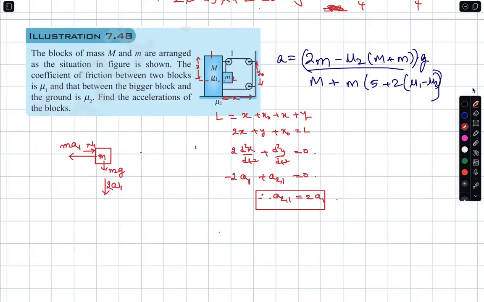Got a point? And apart from this, what else? The other forces that you will see, one is the tension force. The other is friction. Which direction? Friction on small m. Upwards. Why? Tendency of motion is downwards.